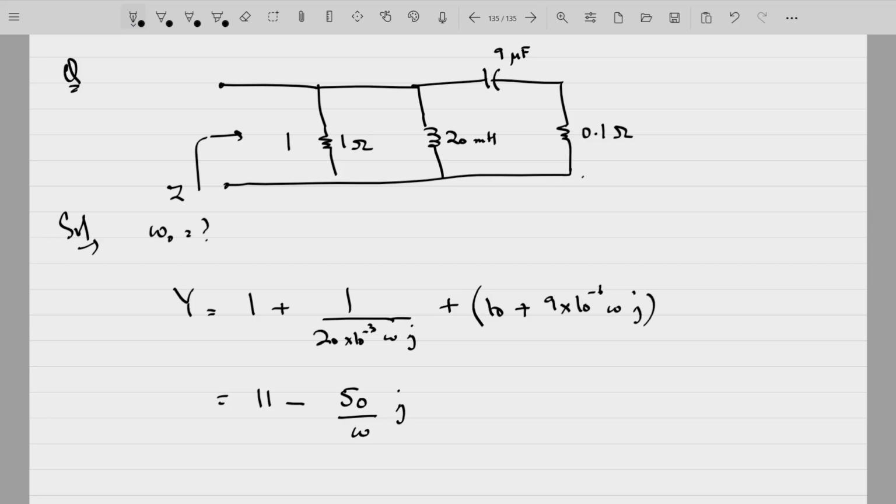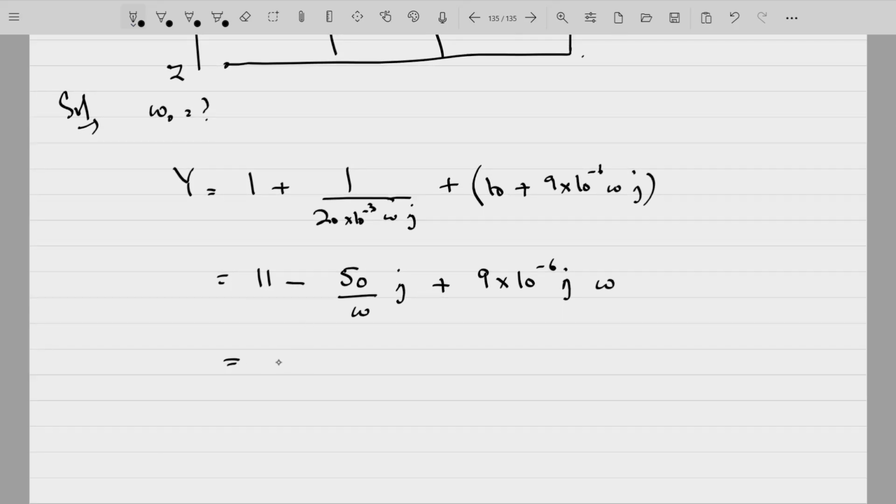This 1 and 10 already 11, so this is 9 into 10 to the power minus 6 j omega, which implies 11 minus j 50 by omega plus 9 into 10 to the power minus 6 omega.